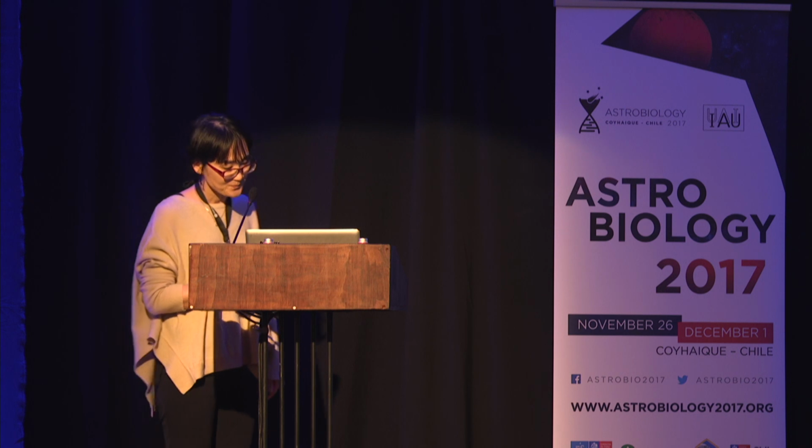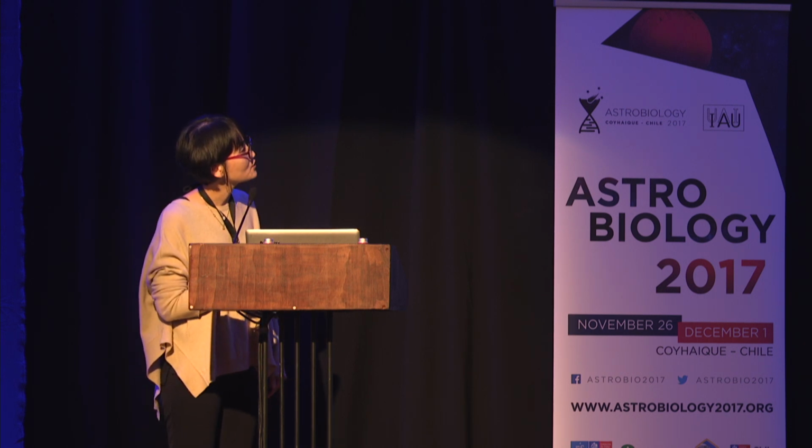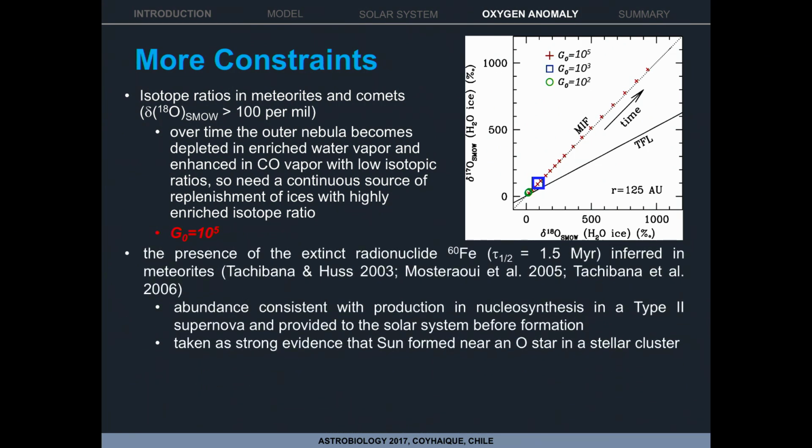So therefore, to explain these oxygen isotopic anomalies detected in meteorites and comets, we need a very high UV radiation field. This high G0 value is supported by the presence of 60Fe inferred in meteorites, which is provided by a type 2 supernova.